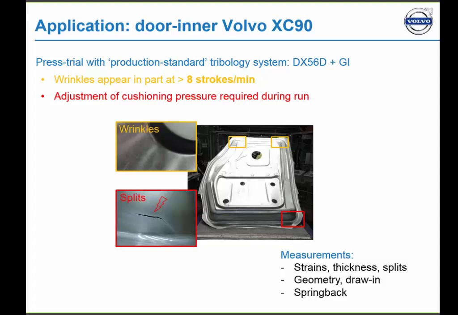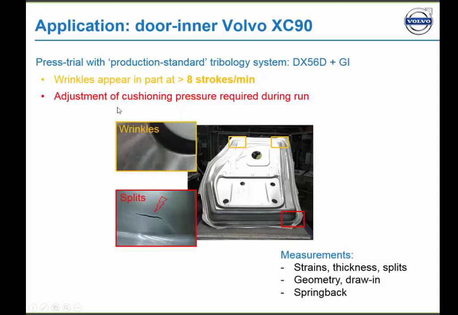The material they are using is a DX56D with a hot dip galvanized coating. The problems that they observe in production are depicted in these figures. If they increase the stroke rate above 7 strokes per minute, then we'll find wrinkles in this area and in this area, which is also shown in this figure.